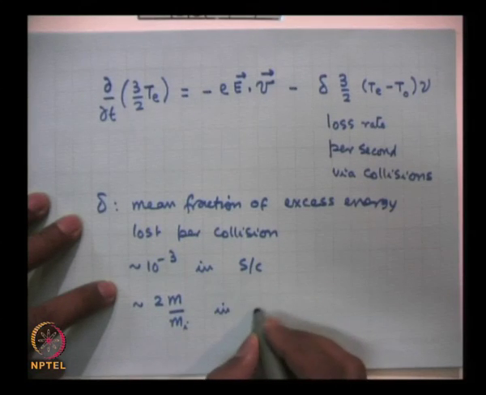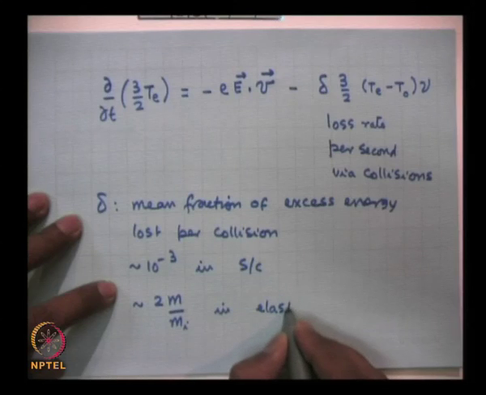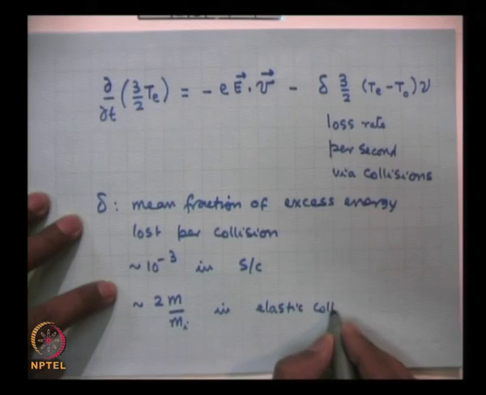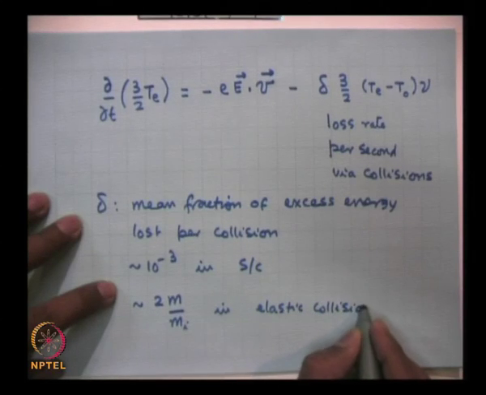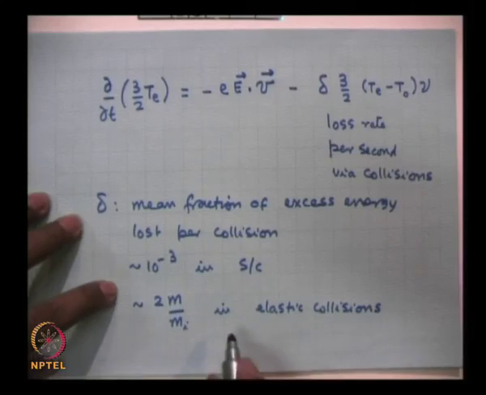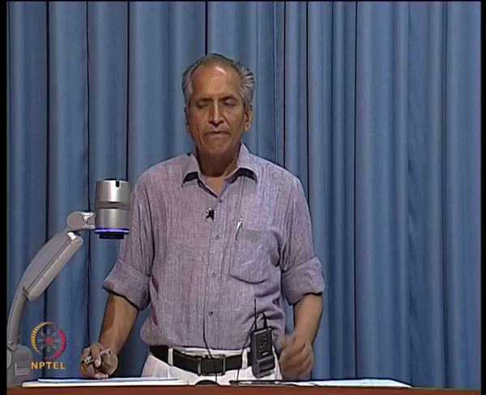Let me define what is an elastic collision. When an electron collides with an atom, it can cause the excitation of electrons of the atom to higher energy states. Such collisions are called inelastic collisions, because the electron energy is transferred to internal energy of the atom.